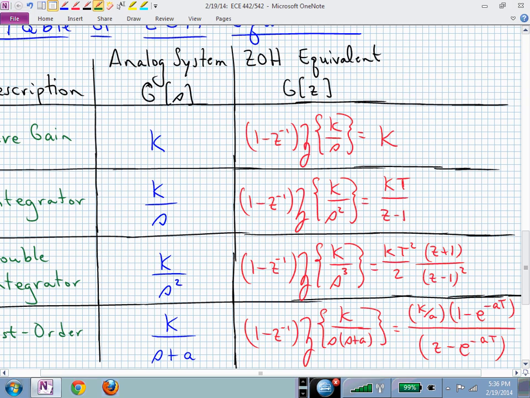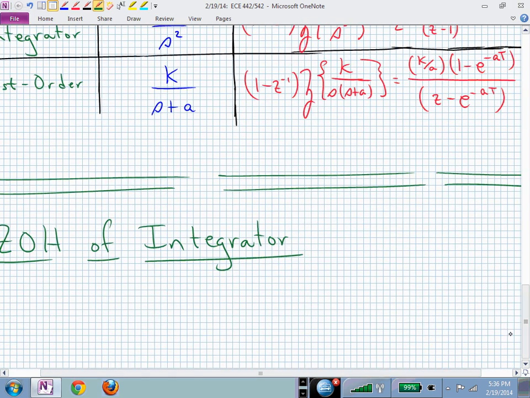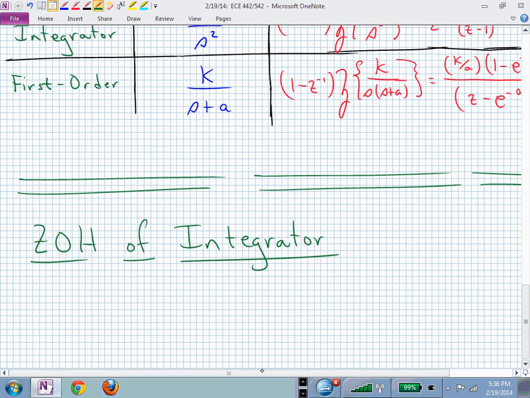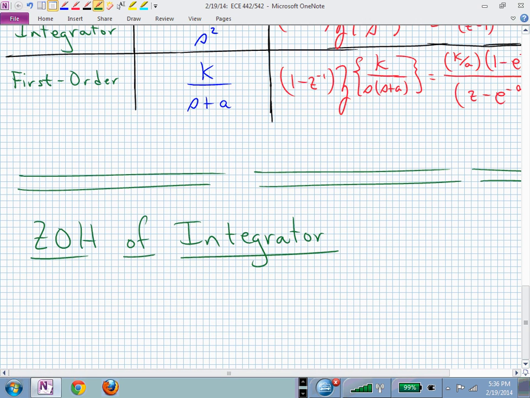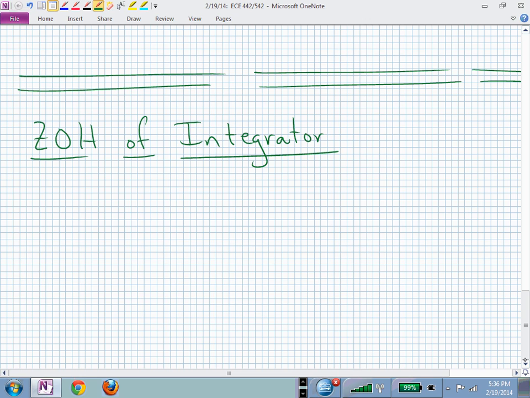Let's now start by looking at the zero order hold equivalent of a pure integrator. Meaning now we are looking at an analog system that's simply a gain K with a pole at the origin.